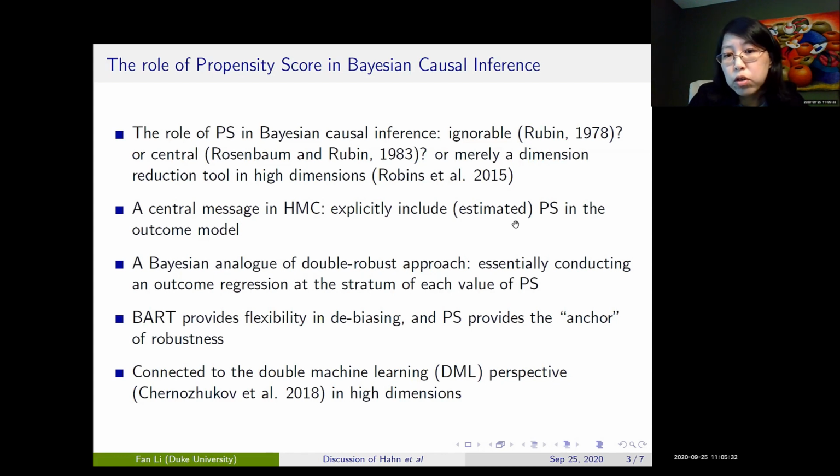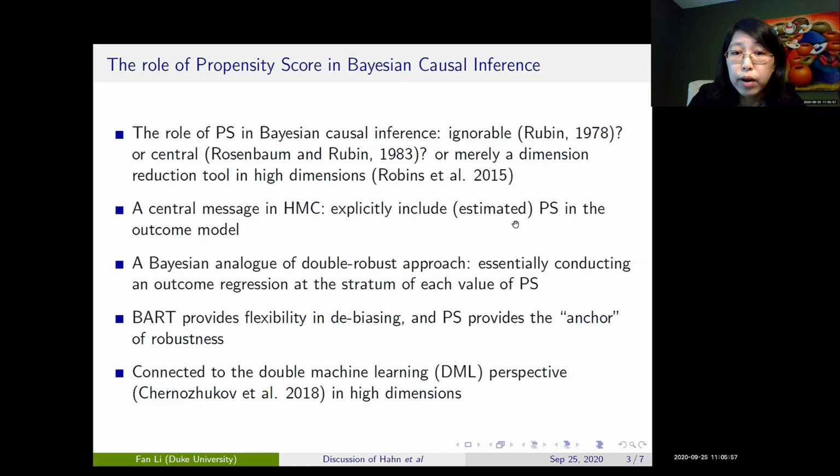The double robust approach in traditional statistics is really combined weighting and regression. But more recently, Rod Little's work and other people's work show that the key point is really the double. It's not weighting. It's double in the sense that you combine the propensity score and outcome modeling. So this is basically a Bayesian analog.